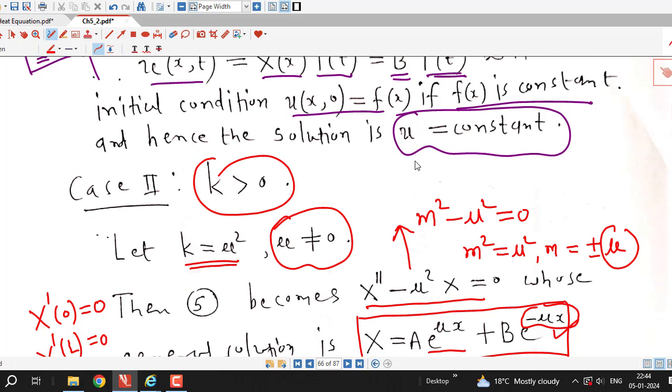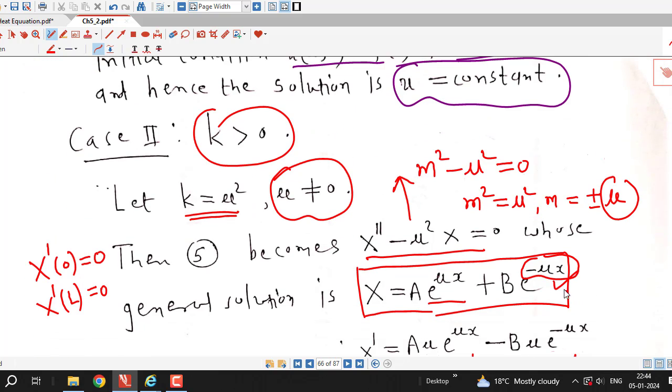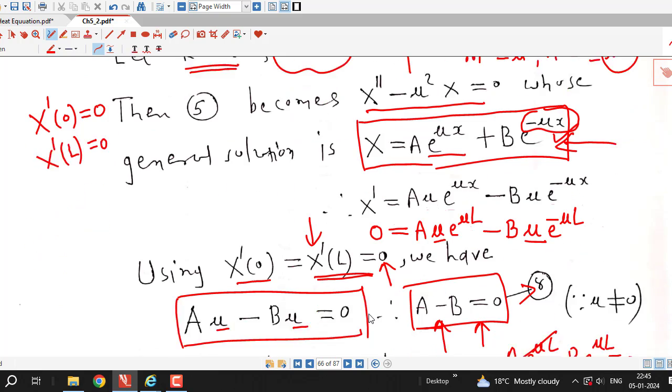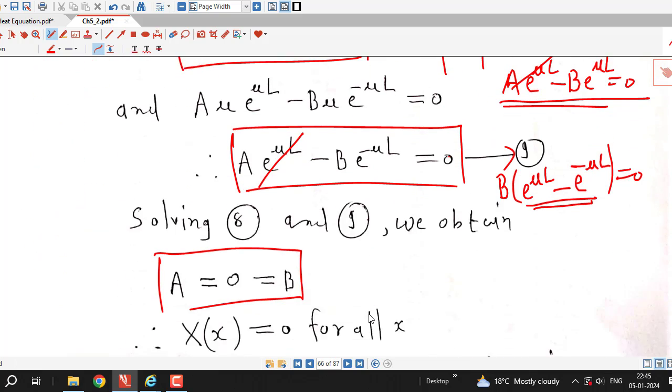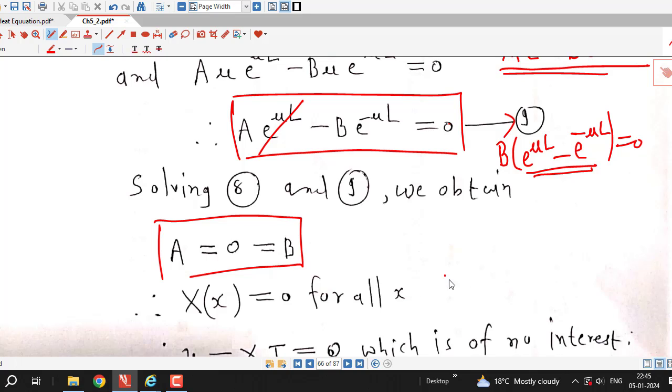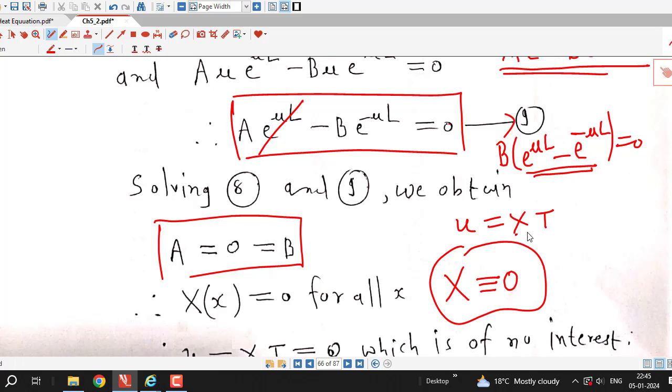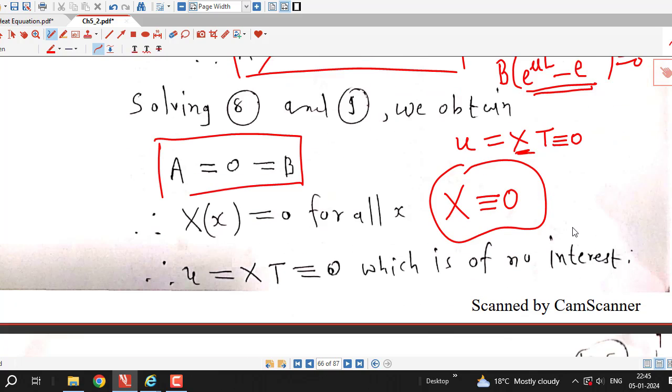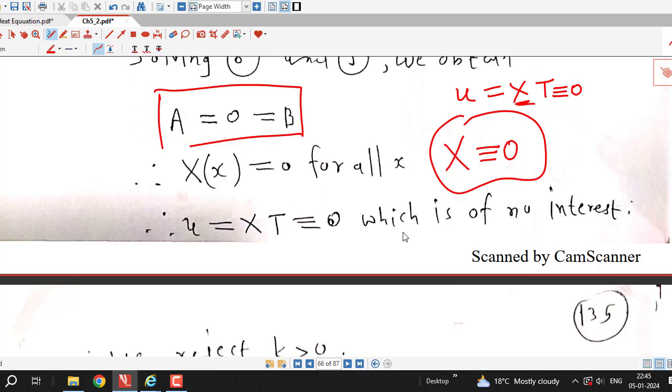Then we substitute values of a and b in this equation, and we obtain that capital X becomes 0 for all x, that is capital X is identically 0, and if X is identically 0, u is the product of T with X, therefore u also is 0 for all values of x and t, and we are not interested in this type of solution.